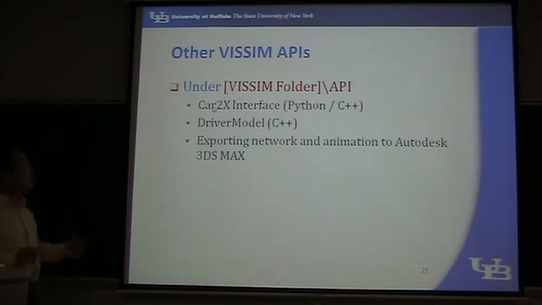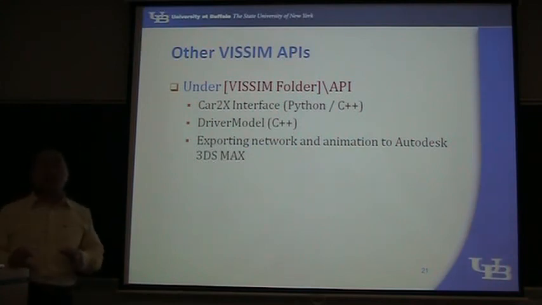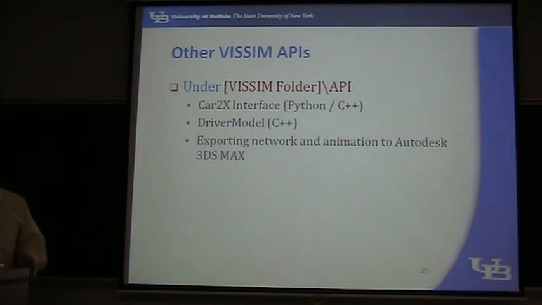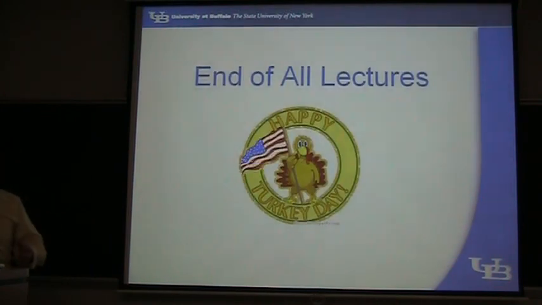The first one is called the C2X interface. You can use Python or C++ to implement it. It's for simulating communications, including sending and receiving messages among vehicles. Another one is called the driver model, which allows you to completely override the driver's behavior, as I mentioned.